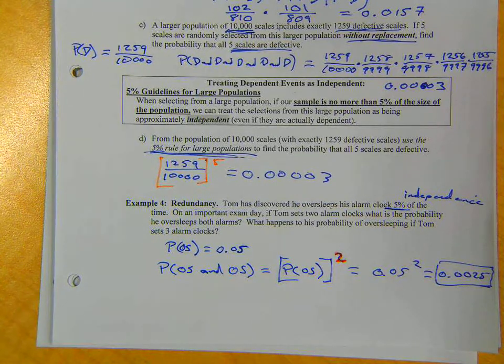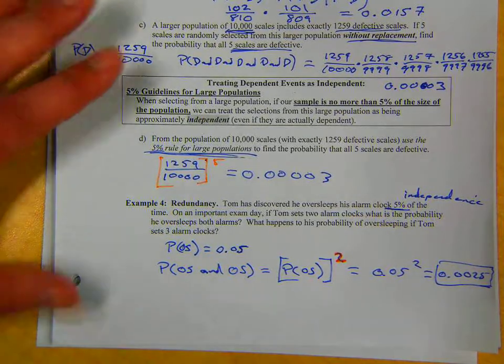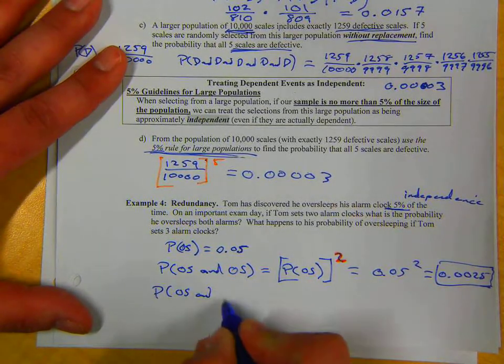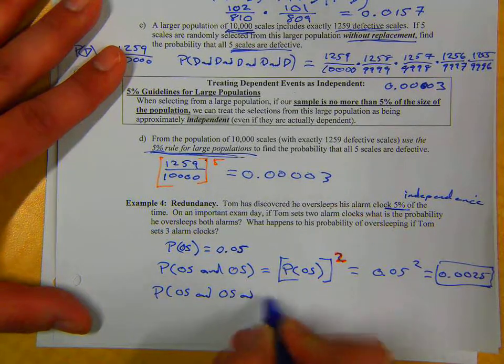P of O and S, has overslept and overslept. Both overslept. So the second problem says, what if he oversleeps? What's the probability he oversleeps 3 alarm clocks? For Perry, 100%. So same thing, but 3.